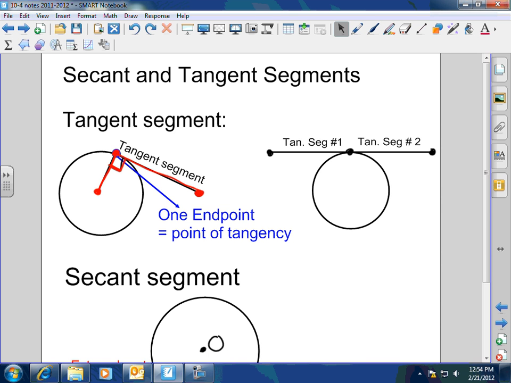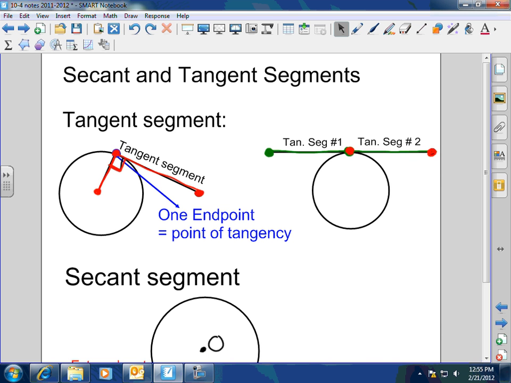Okay. Now, there was a question: what if you have a straight line just like this guy right here? Is that a tangent segment? Yes or no? In this case, you have two tangent segments. You have tangent segment 1, which is from the point of tangency to this external point. And then you have tangent segment 2, which is from the tangency point to this other external point.